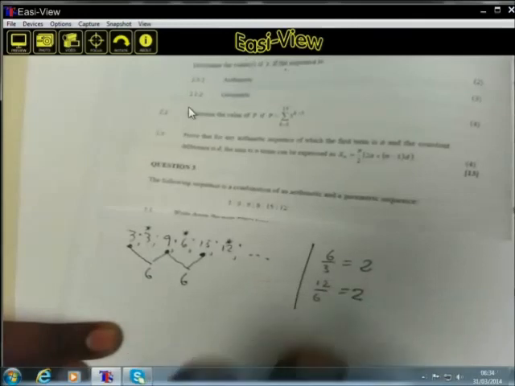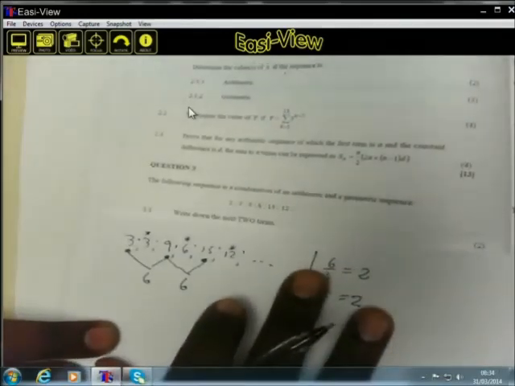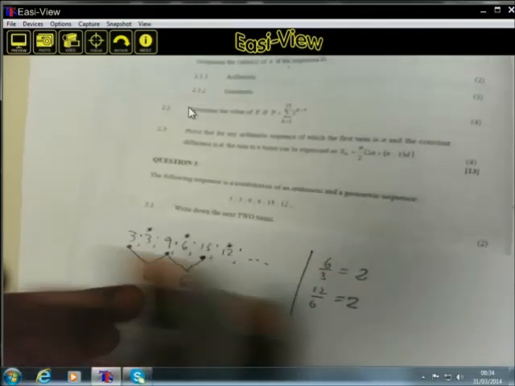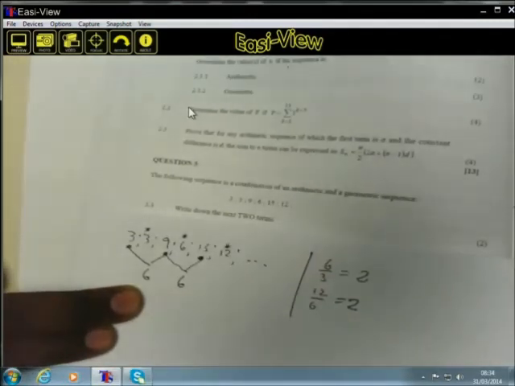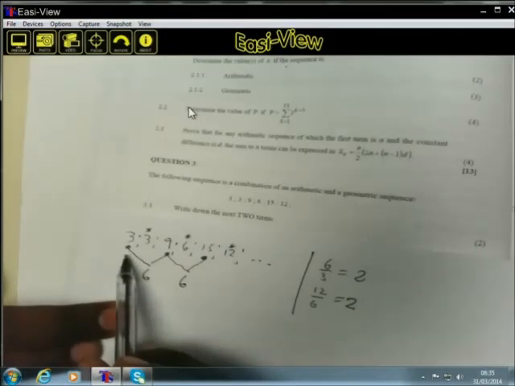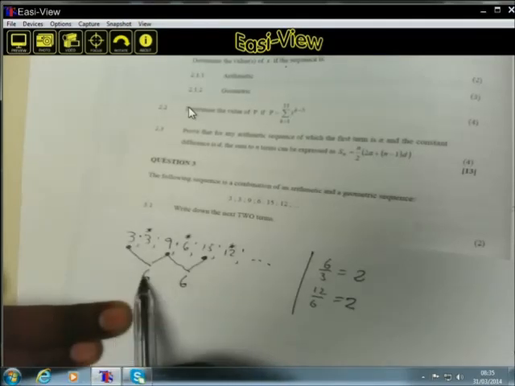Now that we are able to identify that combination, let us look at the first question. The first question says, write down the next 2 terms. Going back to our combination of sequences, the first term is the first term of an arithmetic sequence. For us to move from 3, we add the common difference, which is 6.